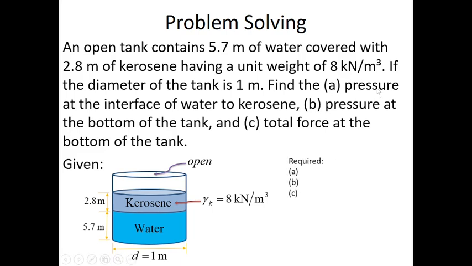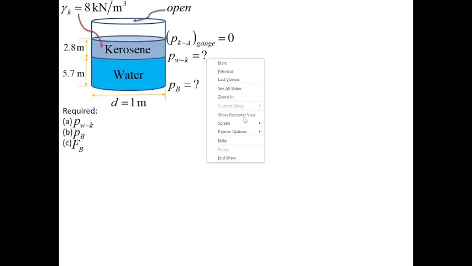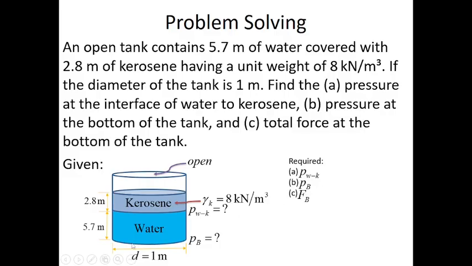Find the following: the pressure at the interface of water to kerosene, which we're going to identify, then the pressure at the bottom of the tank, and then the total force at the bottom of the tank. Because there's pressure at the bottom, there is a corresponding force.